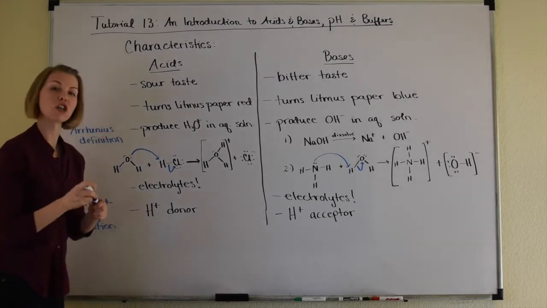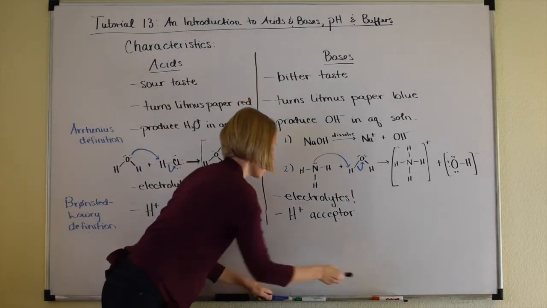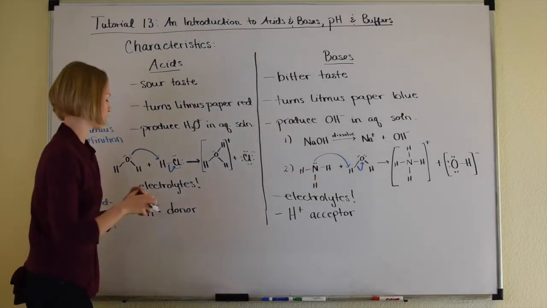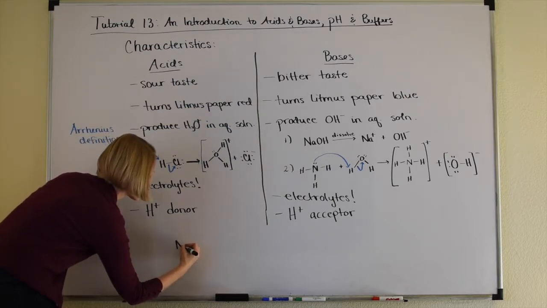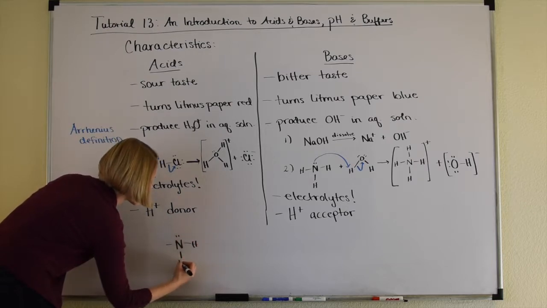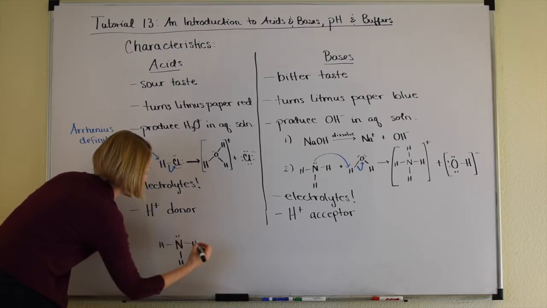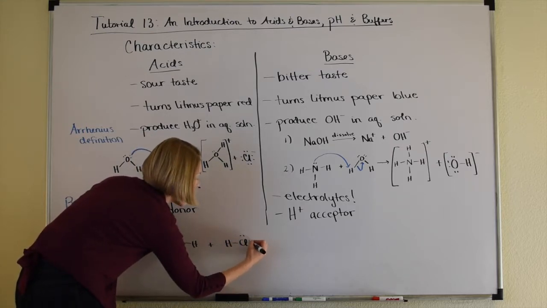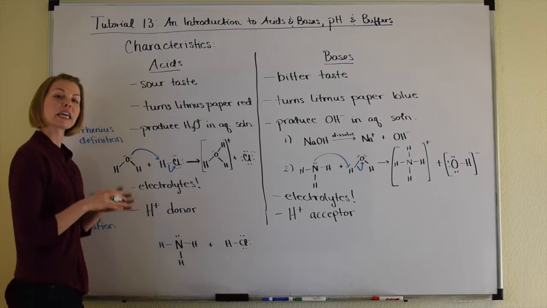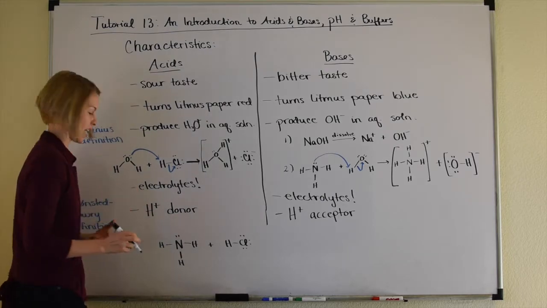And so let's take a look at a reaction occurring outside of aqueous solution. Let's just look at what happens when ammonia, NH3, reacts with HCl. And this reaction is taking place in the gaseous phase.